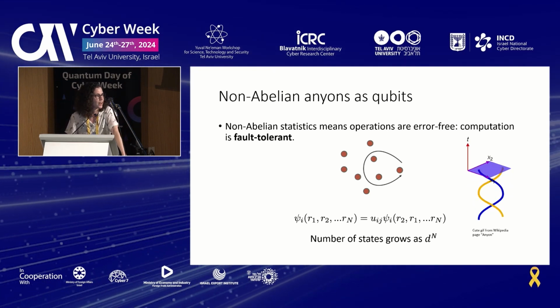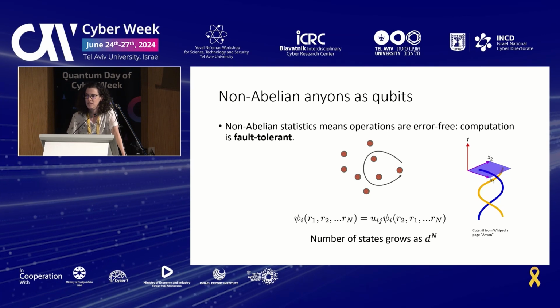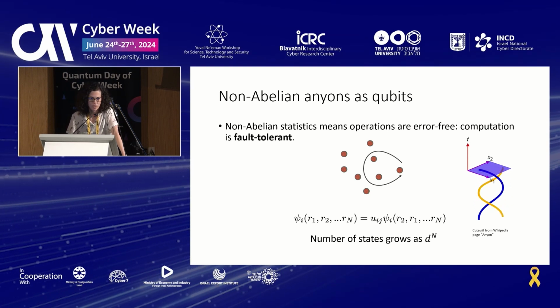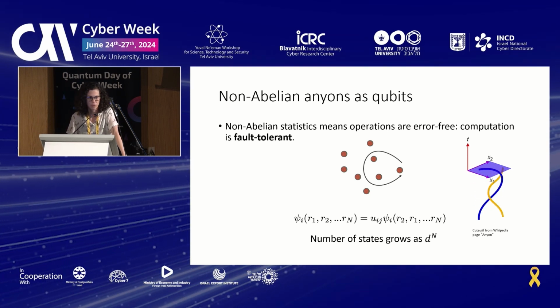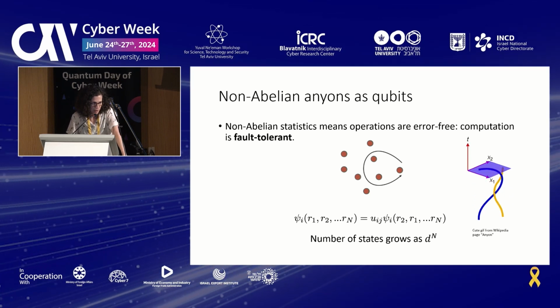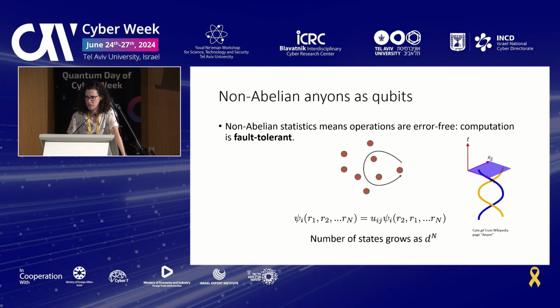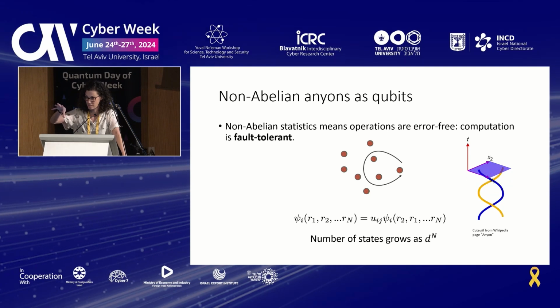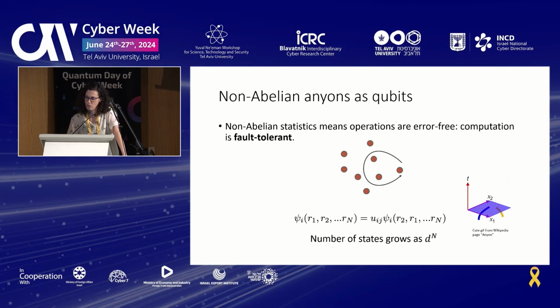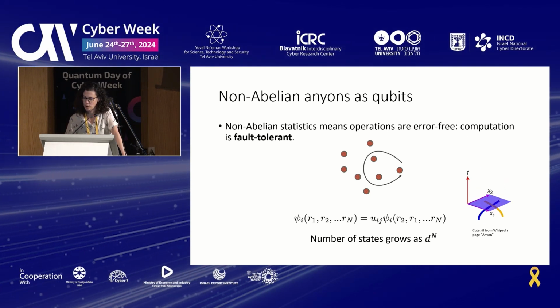Another interesting fact about these systems is that the number of states grows exponentially. Each particle like this is characterized by a number called the quantum dimension, and the size of the Hilbert space, the size of this subset of states on which we do operations, grows as this quantum dimension to the power of the number of particles.